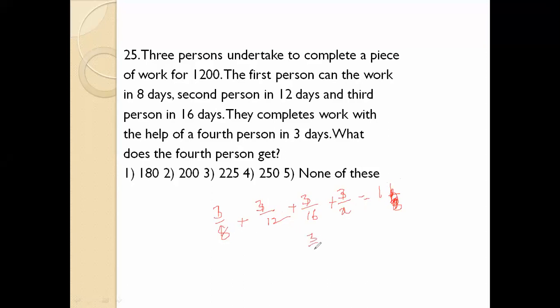Now 3 by x equals 1 minus 3 by 8 plus 3 by 12 plus 3 by 16. 60 is not divisible by 12.